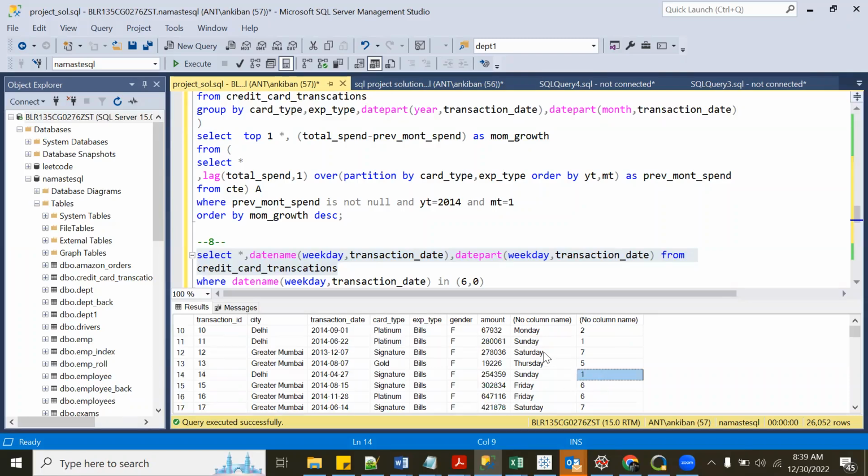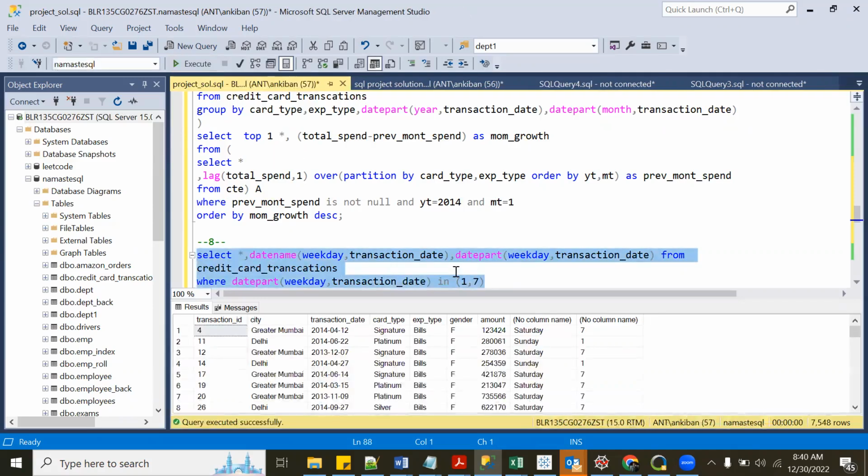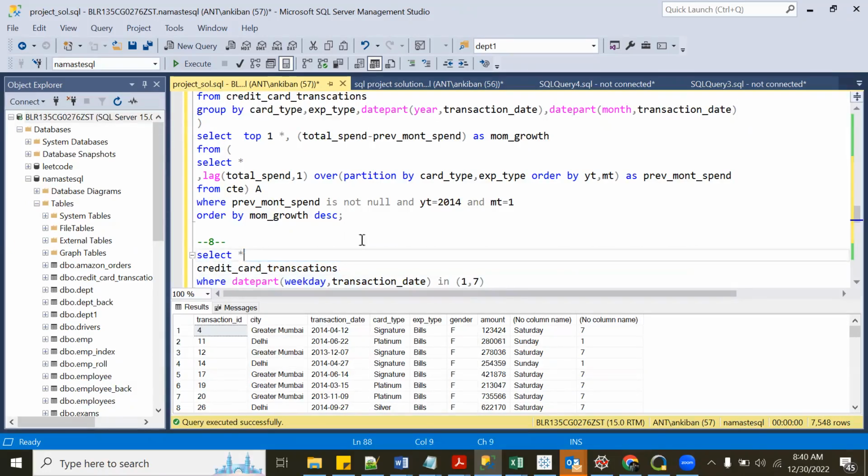So I can say in 1 and 7, using date part weekday, and I will get only Saturday and Sunday. This way I have filtered the weekend data. I don't need this column, I just need it for a filter.